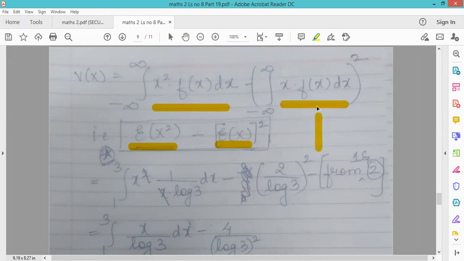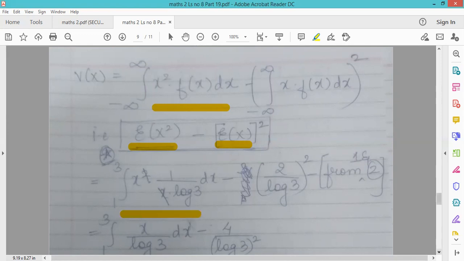Now remember class, we just found out the value of E of x. So E of x value we will directly substitute and we can square it. But integration of x square f of x we'll be finding out now.